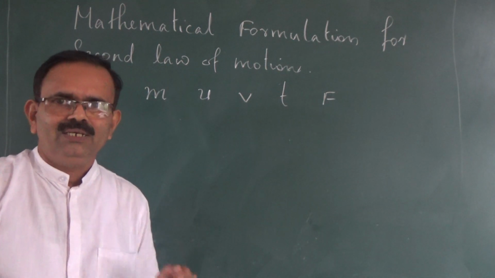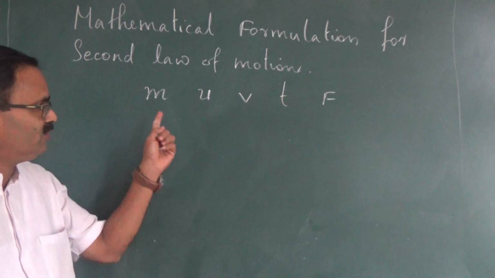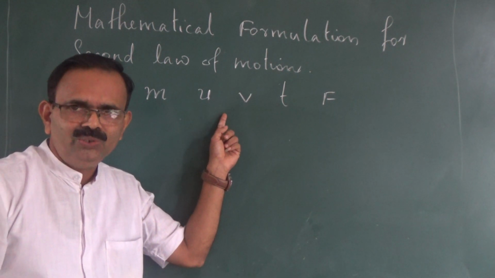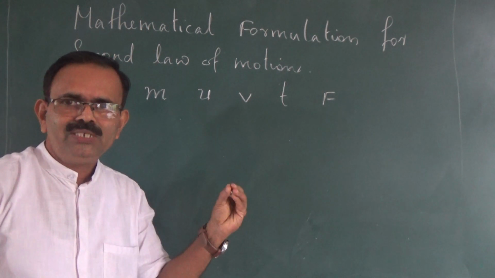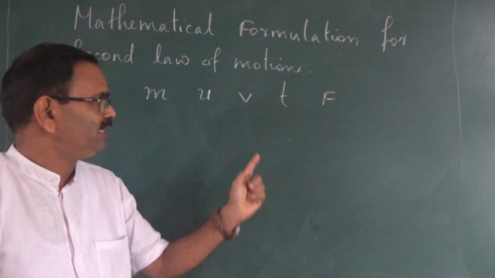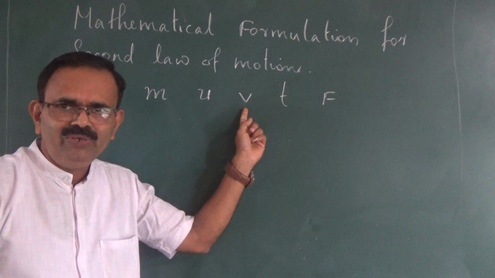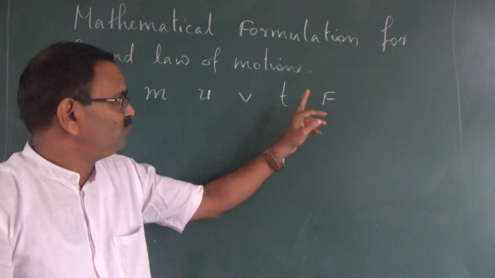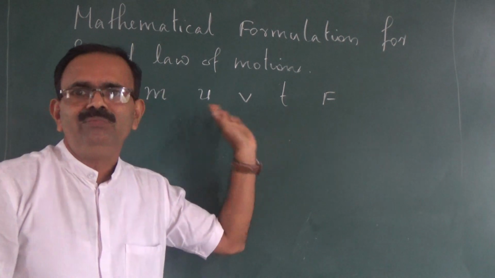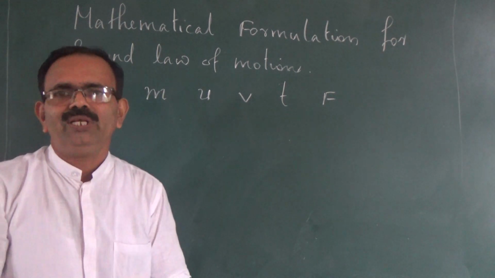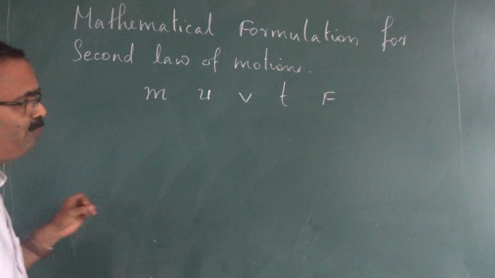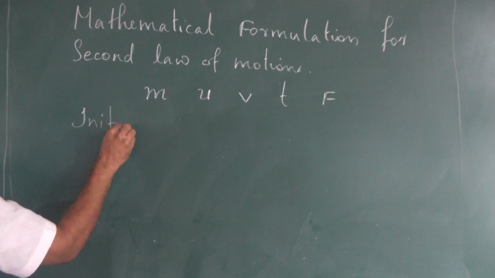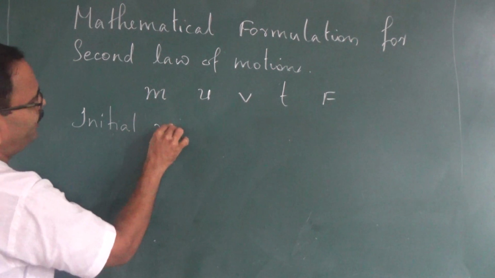Once again, consider an object of mass m moving with the initial velocity u. This object is uniformly accelerated to velocity v by the application of a constant force F in time t. So let us start with initial momentum.